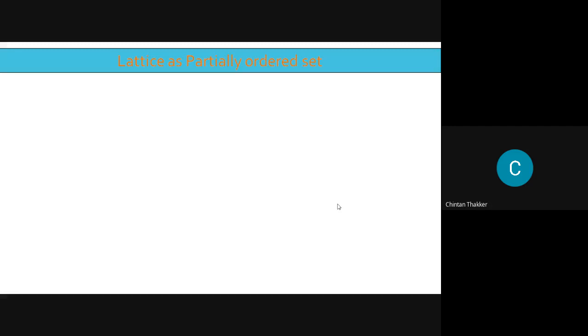So first we have lower bound. Lower bound means if you have been given any poset and one subset of that poset, then an element that belongs to the poset and is related to all elements of that subset is called a lower bound of that subset.